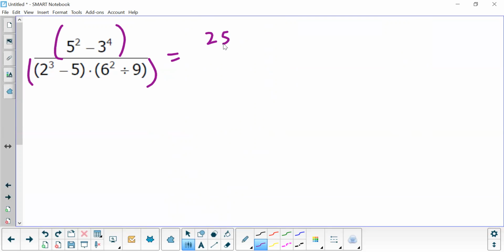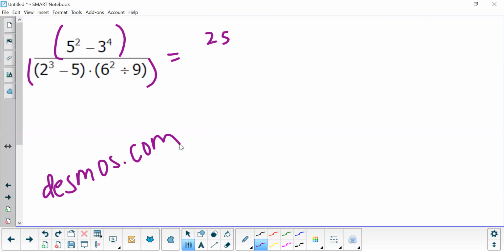And then 3 to the 4th, I don't know off the top of my head, so I will use my calculator, and that is something you can do too. If you don't have a calculator right now, you can use desmos.com. But I only want you to use it for simple operations.